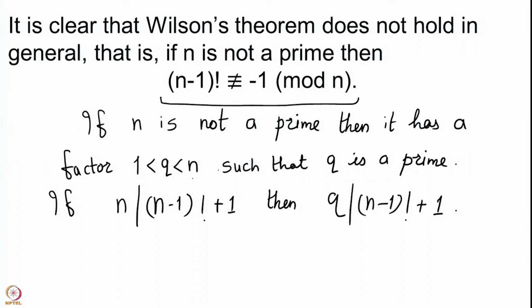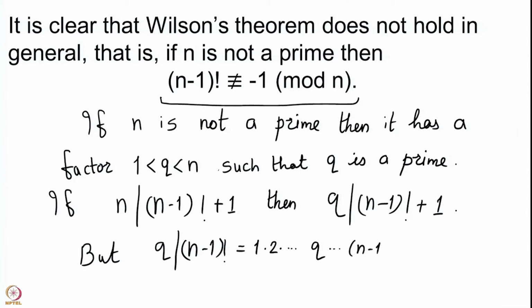So, q is less than or equal to n minus 1. So, you have that q also divides (n minus 1) factorial, this will be 1 into 2 into dot dot dot, somewhere q will have to appear and then you go up to n minus 1, and this is a contradiction.